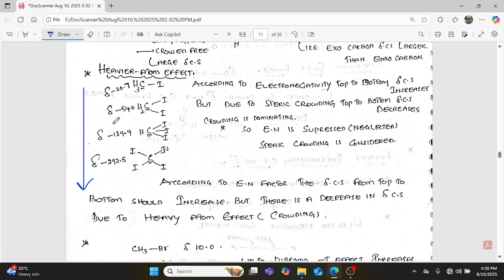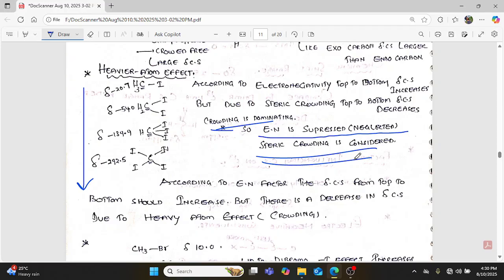Why are the chemical shift values decreasing? According to electronegativity, from top to bottom the delta chemical shift value should increase, but due to steric crowding, from top to bottom the delta chemical shift values decrease. Crowding is dominating here. So electronegativity is neglected and steric crowding is considered.